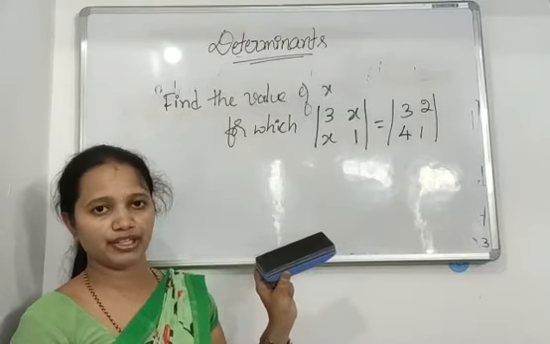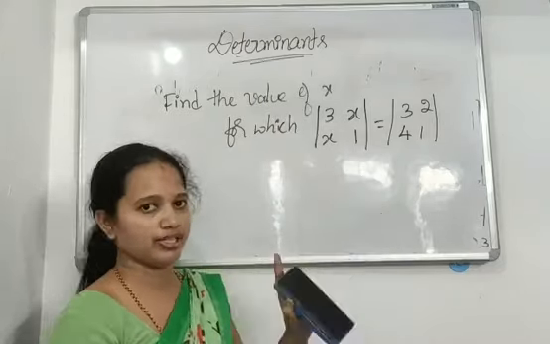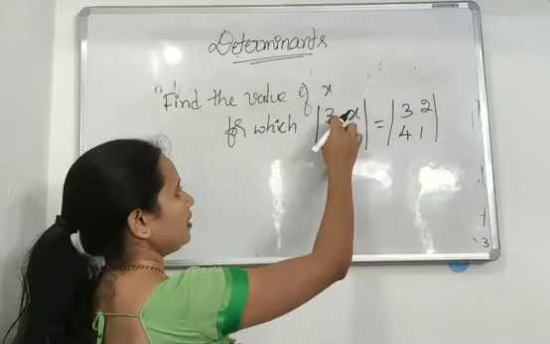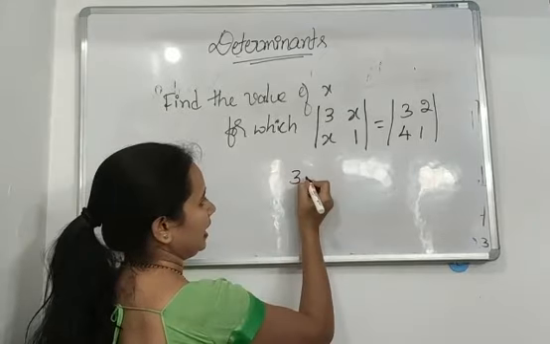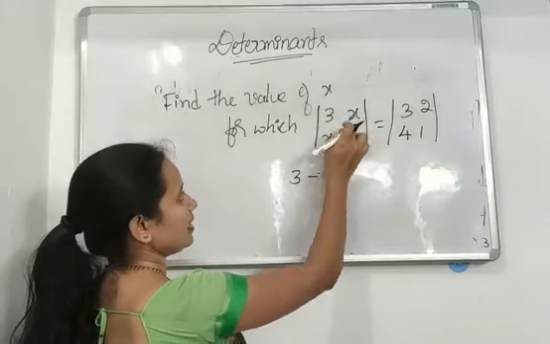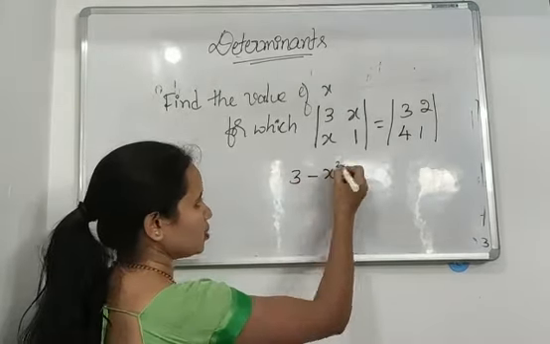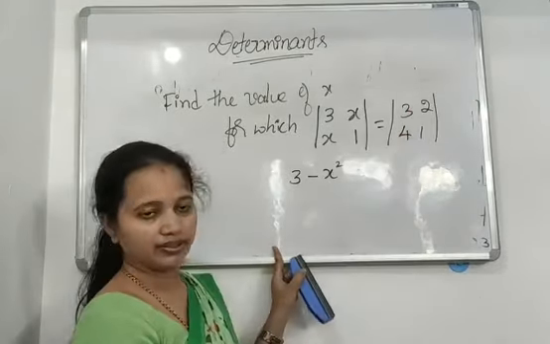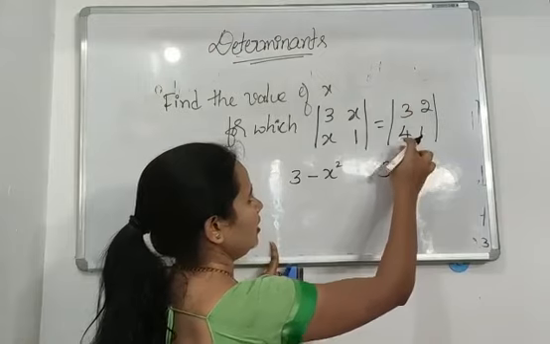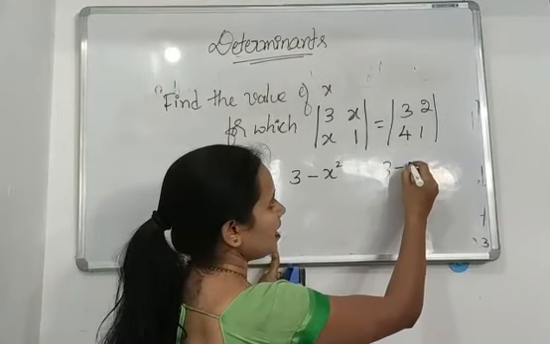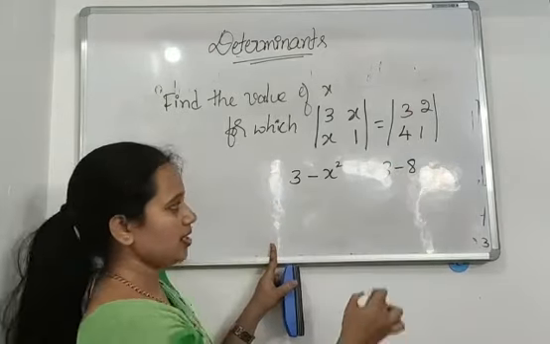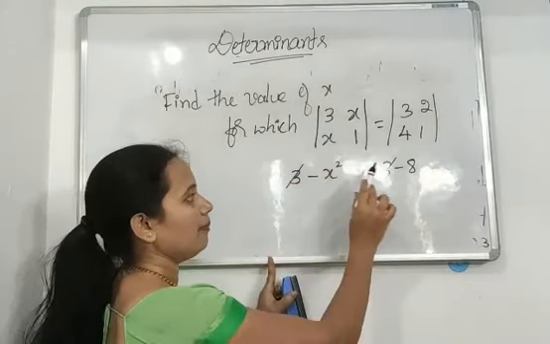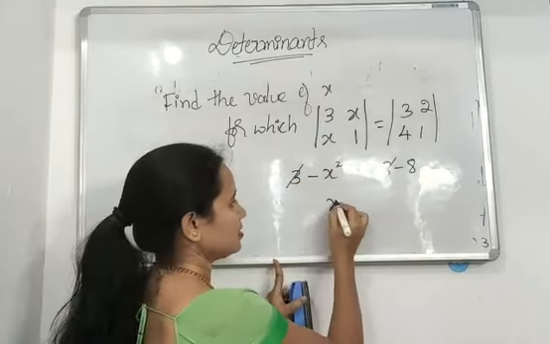First, you have to expand the determinant. It is a 2 cross 2 determinant. Cross multiply the diagonals and subtract them. 3 into 1, 3, minus x into x, x square, equal to 3 into 1, 3, minus 4 2s are 8. So here 3 and 3 get cancelled, minus minus get cancelled.